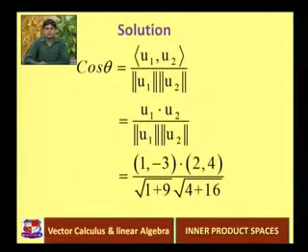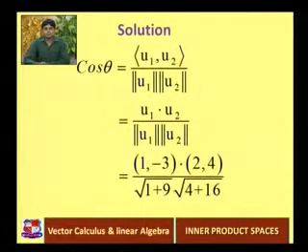The solution: we have to find cos theta, and after that theta is equal to cos inverse of that quantity. We know that the angle between two vectors can be represented by the equation cos theta is equal to the inner product of u1 comma u2 upon norm of u1 into norm of u2.